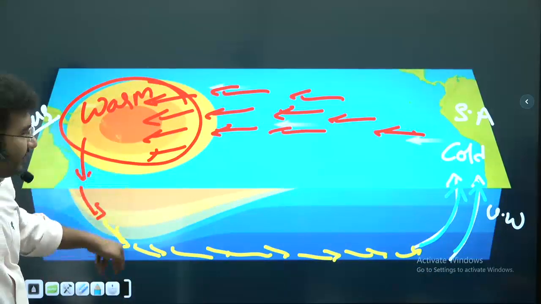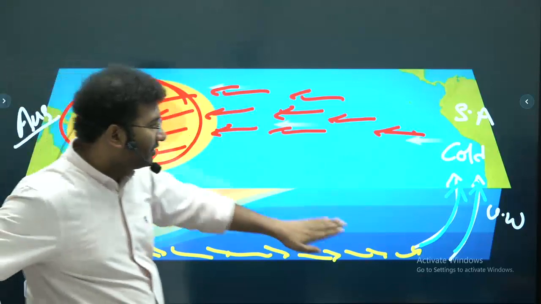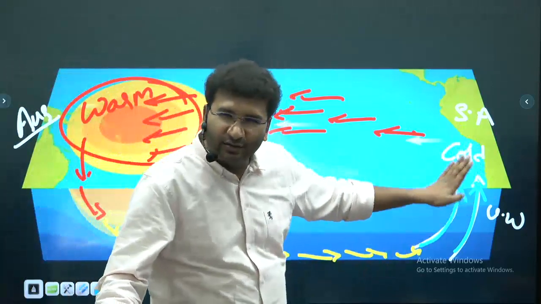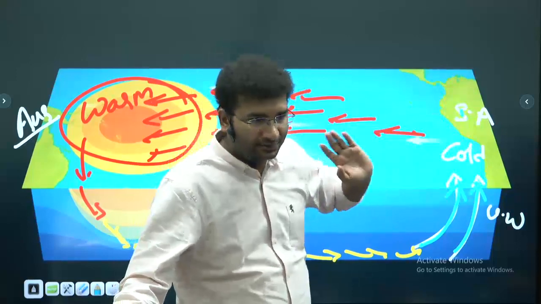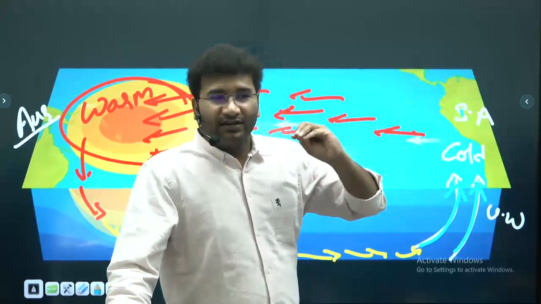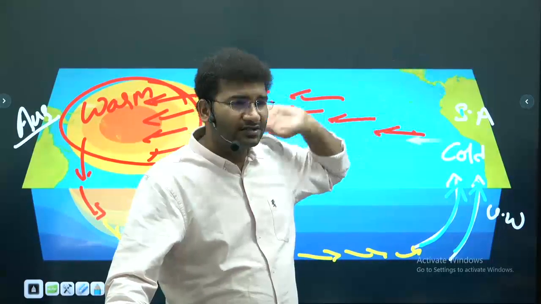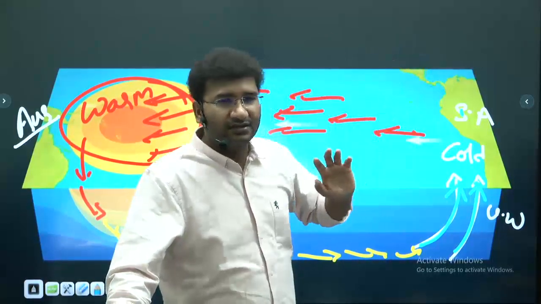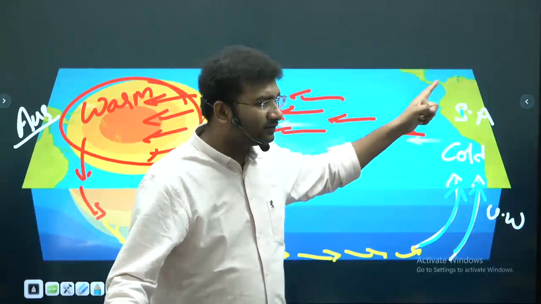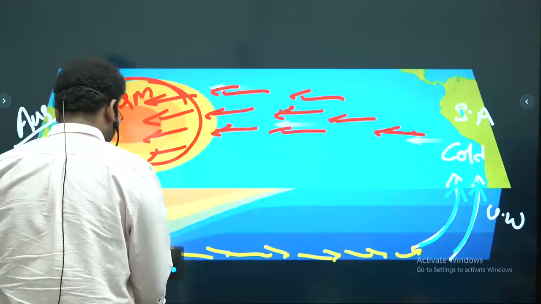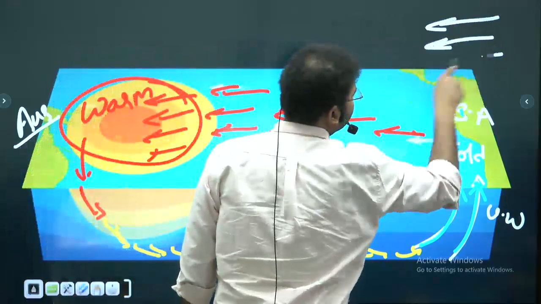This is the depth profile, this is the surface profile, right? So here upwelling is there, nutrients are good, fishes are good, the fishing industry, people who are there, they come and fish. But for the reasons which we do not know, the entire system reverses. Why the system is reversing? The system reverses because, number one, the speed of the winds become little slower. That means, look, here the winds are moving in this direction.